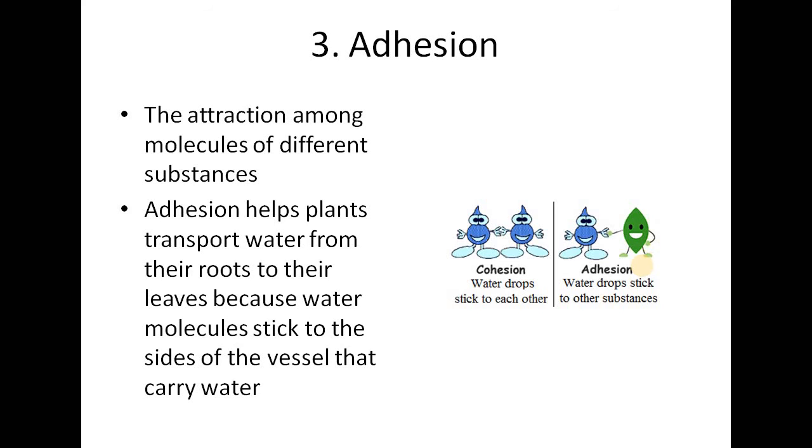Some insects can walk on the water surface because of the cohesion property. Now, adhesion helps the water to move inside vessels found in plants, because the water is attracted to the xylem elements inside the plant. This helps the water to move inside plants.